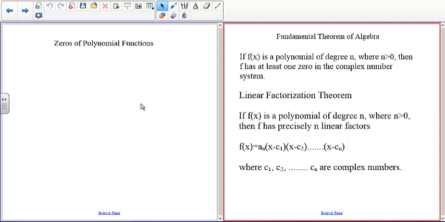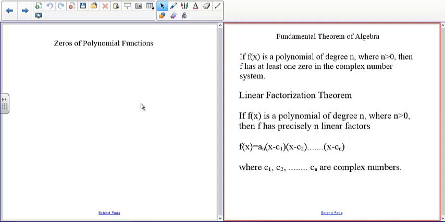For a second order polynomial, you can have 0, 1, or 2 real zeros. If you have 1, it's a repeating root. If there's 2, then it's not a repeating root. If it's none, it means you have two complex roots. If you have a third order polynomial, you can have 1 real and 2 complex, or 3 real.